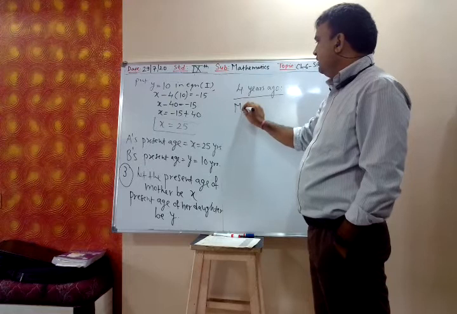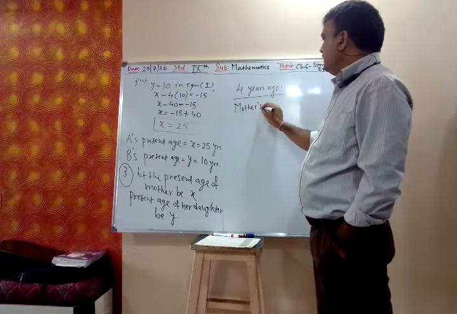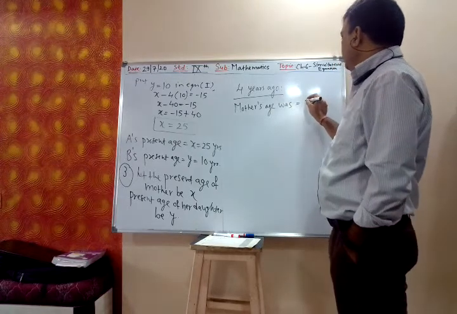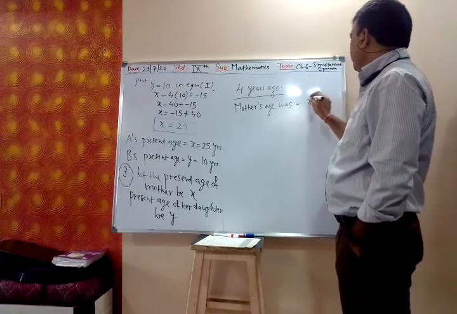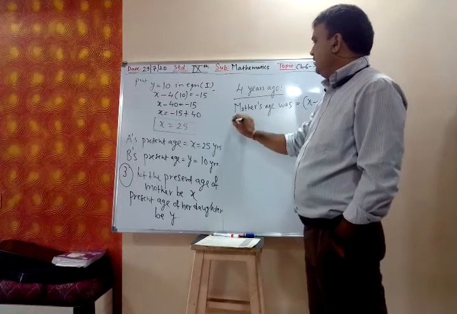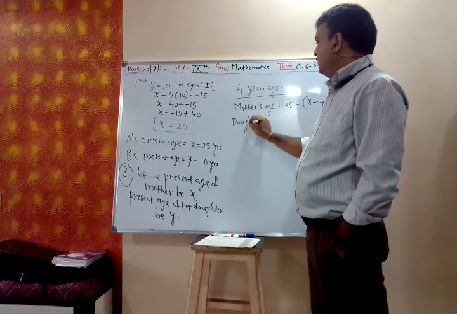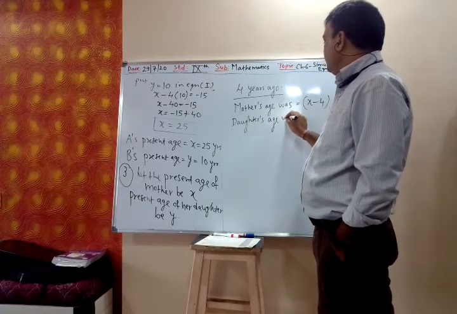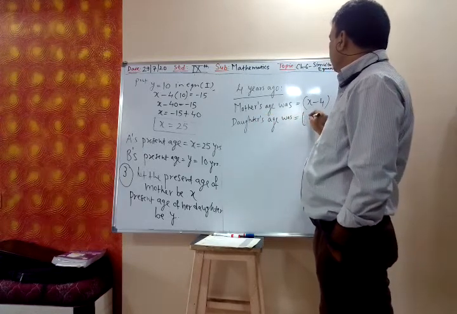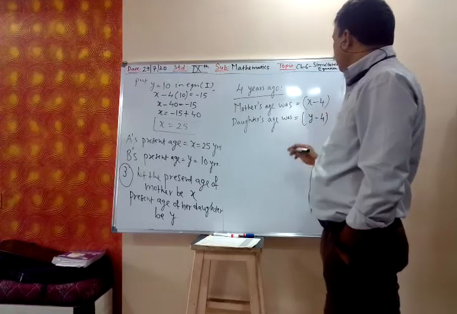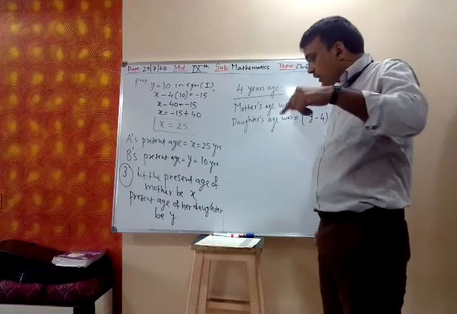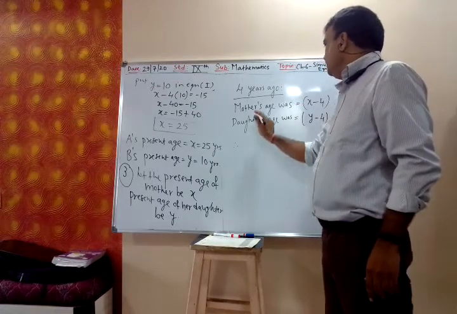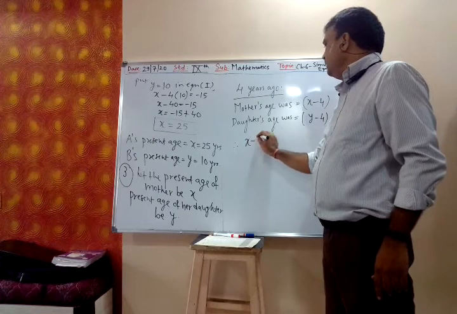Mother's age was, because it is past tense, x minus 4. Daughter's age was y minus 4. Now see the condition that is given. 4 years ago, a mother was, meaning mother's age was x minus 4.